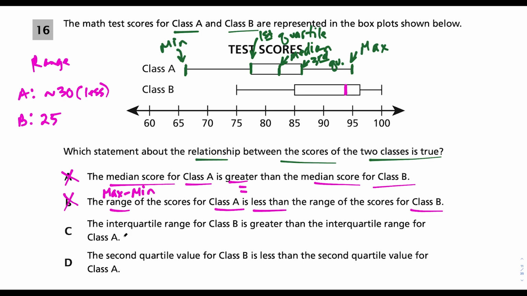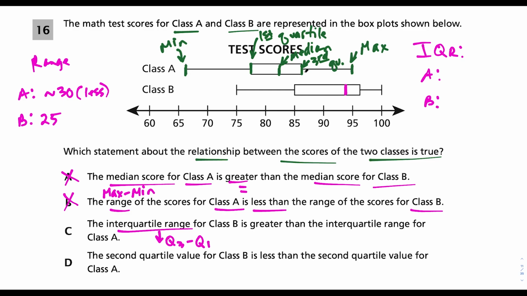So now we're looking at the interquartile range. So this is really just a lot of vocabulary. The interquartile range is going to be Q3 minus Q1. So it's kind of like the length of this box here. So if we look at Class A, and I'm going to abbreviate, we have interquartile range like this. And I'll do it for A and I'll do it for B. So for A, the interquartile range, we're at about 77 in that neighborhood.